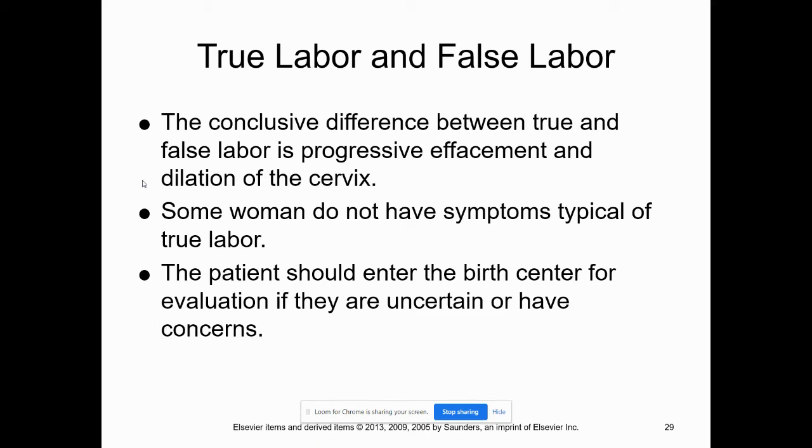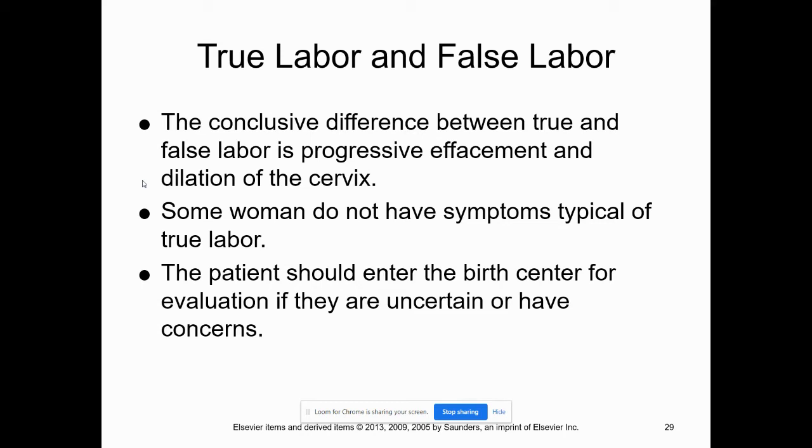Typically, some signs of false labor would be that her contractions are inconsistent, because in true labor, contractions become consistent. In false labor, activity has no bearing on your contractions. It doesn't make it better, doesn't make it worse. Whereas in true labor, walking can help stimulate contractions.